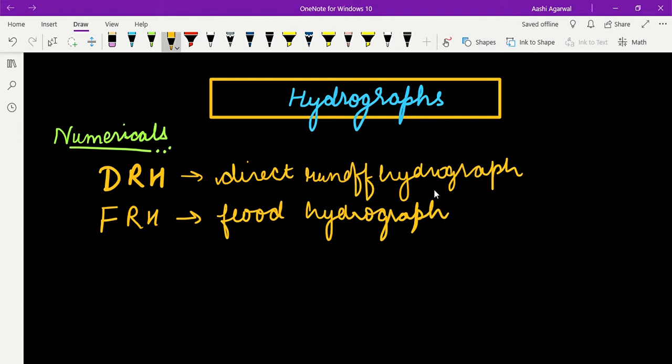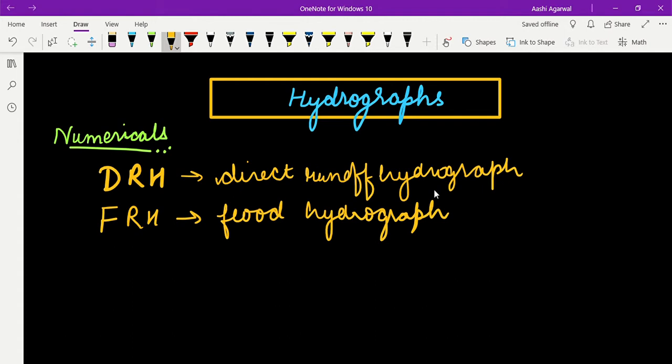But some of the infiltrated water slowly percolates and joins the groundwater table, and after a very long period of time it joins back to the bigger stream. The water reaching the stream through this groundwater flow is called base flow. So base flow is nothing but delayed runoff, you can think of.